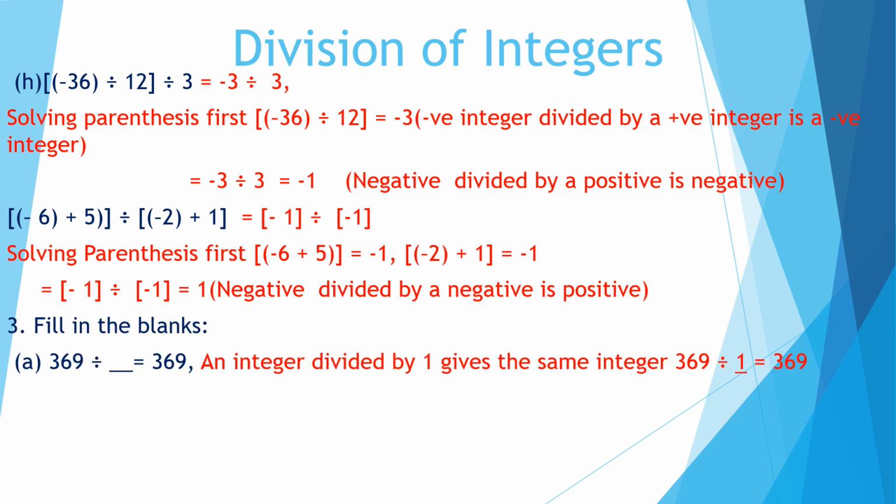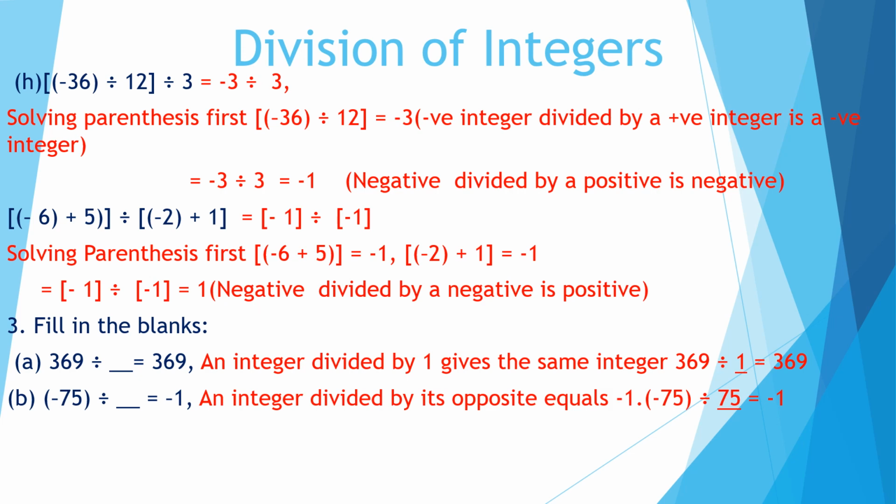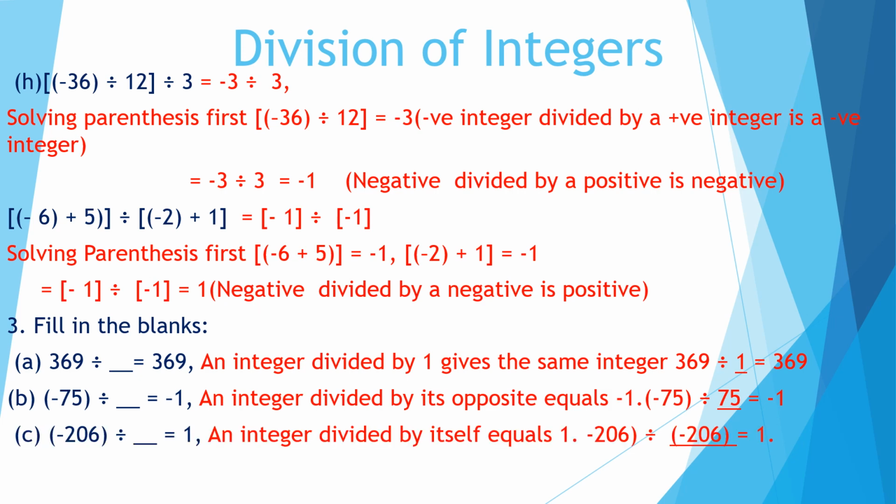Now let's do some fill in the blanks. 369 divided by blank is equal to 369. An integer divided by 1 gives the same integer. So 1. An integer divided by its opposite equals negative 1. So minus 75 divided by plus 75 will be equal to minus 1.